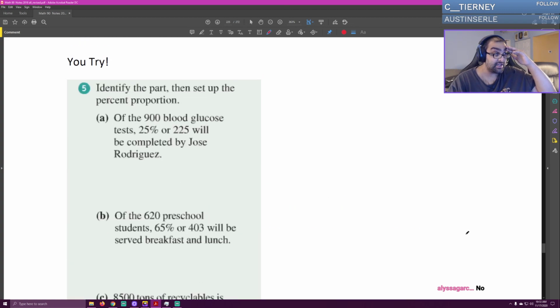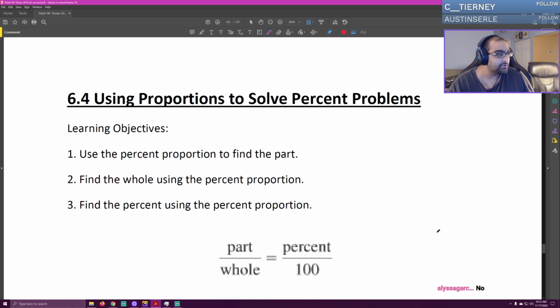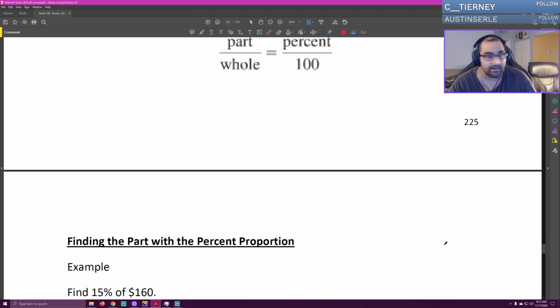For next time, we're going to finish off section 6.3. We'll maybe do one more example from there. Then we're going to do 6.4, which is again using the same proportions to solve for applications. We'll discuss alternative ways to solve these percentage problems. So we'll hopefully get through section 6.4 for next time.